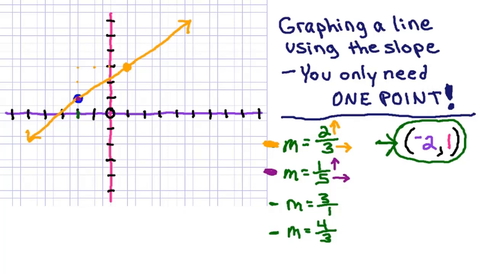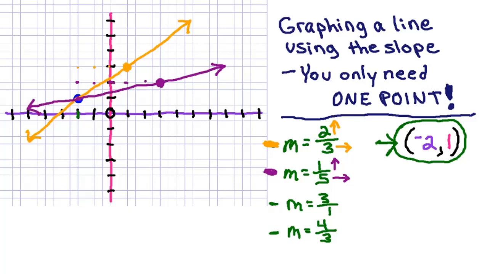So we're going to go up 1 and over 5. 1, 2, 3, 4, 5. So here is our second point, and we can just draw a straight line through those 2 points that we made.